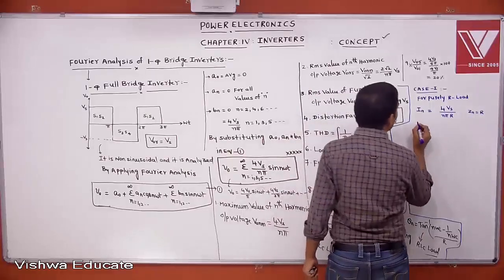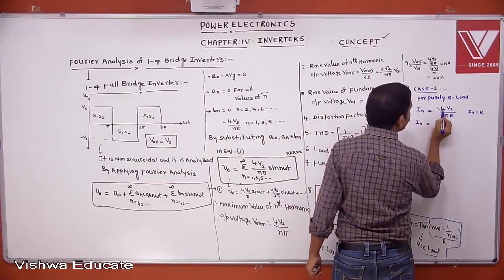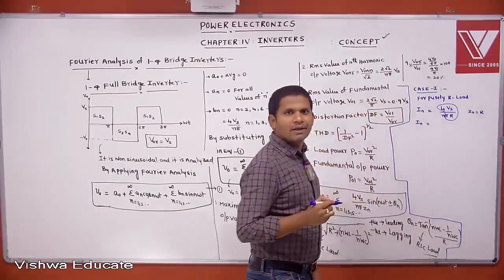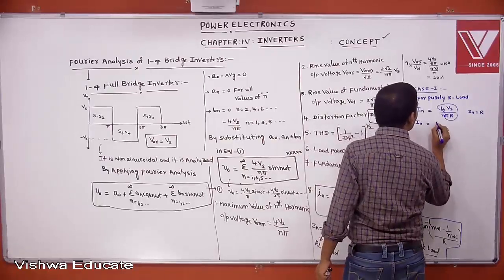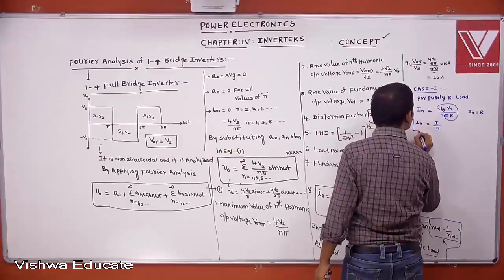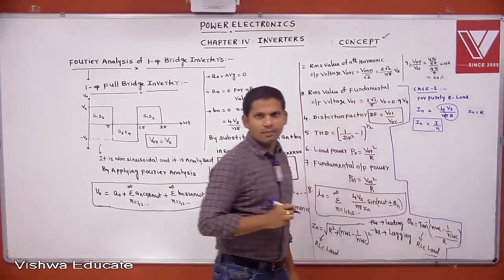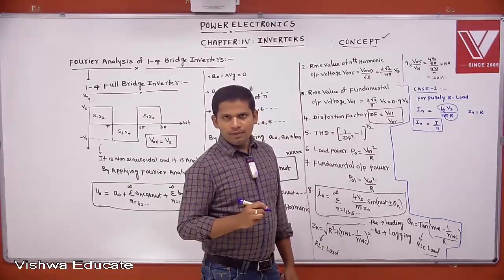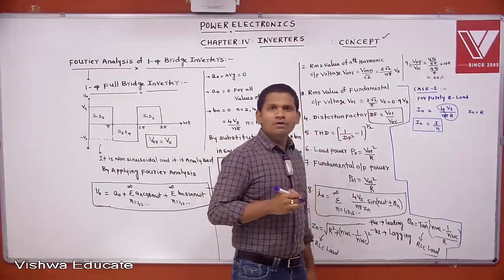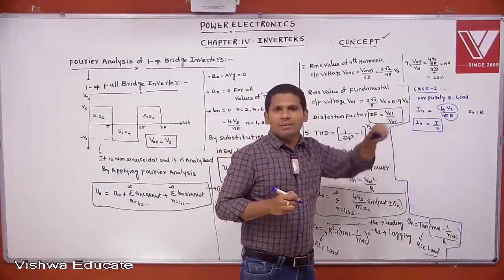Then nth order harmonic current In equals... what is 4Vs by pi R, you tell me? Yes, the fundamental current. Let this be I. So In is I by n. That means for a purely resistive load, the nth order harmonic current equals 1 by n times the fundamental current.